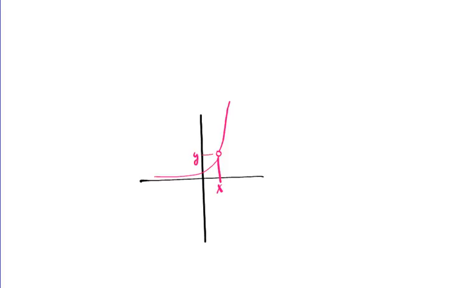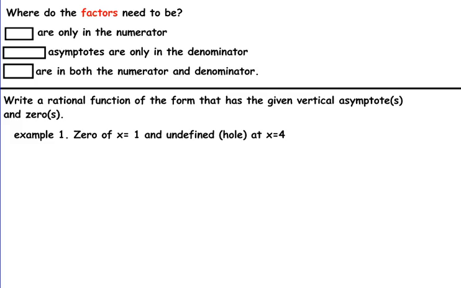Okay, so we can have holes in graphs. Those are values that are garbage in our calculator. So with that in mind, we are actually going to go about how to create one that does that.